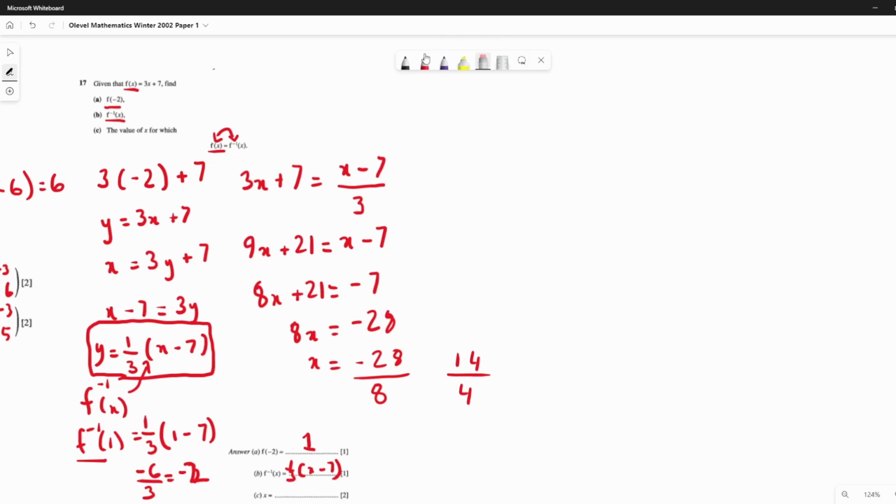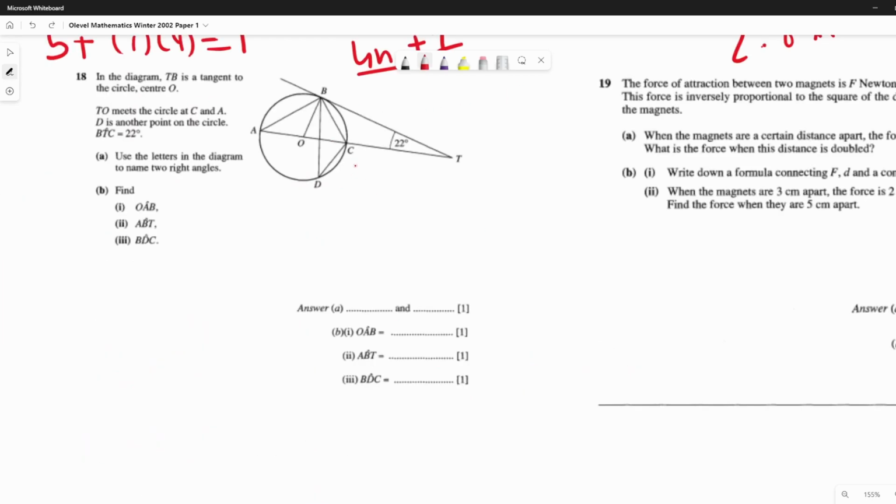Actually, we can reduce this further because this is going to then be -7/2, and I actually think that is correct. So -7/2, which we could have also written as -3 wholes and then 1/2, but it doesn't really matter. So -7/2. All right, let's get on with question number 18.